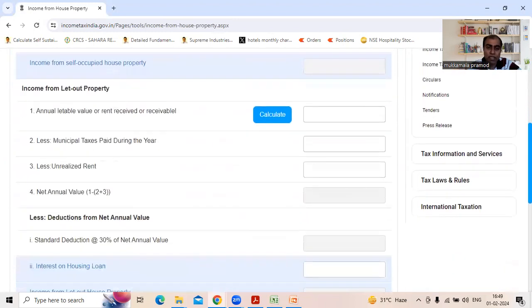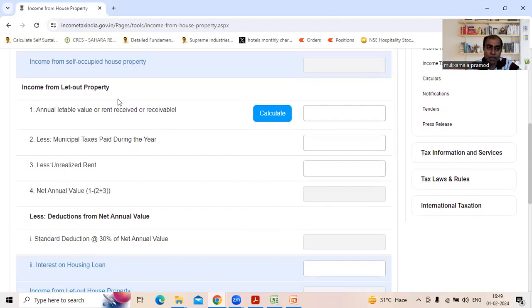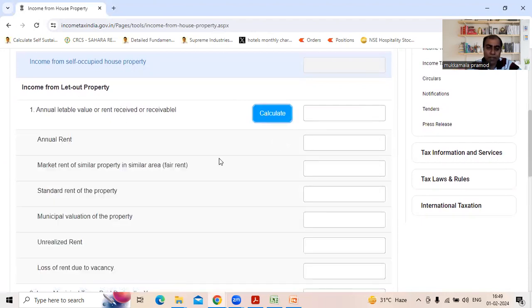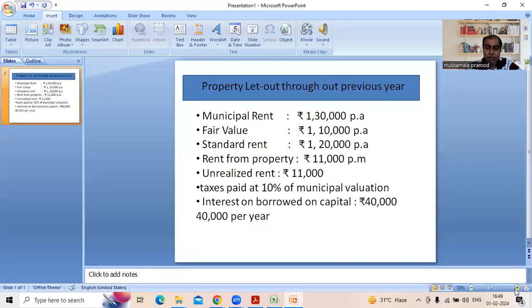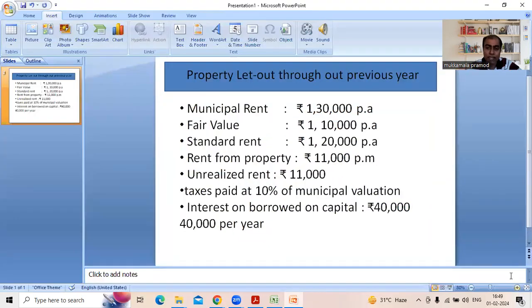So if you scroll down, here is the income from the let out property. When you click on calculate, this will open up providing additional details like annual rent, market rent, standard rent, municipal valuation, and so on. So looking at the example we have, this is having a municipal rent, fair value and everything is given.